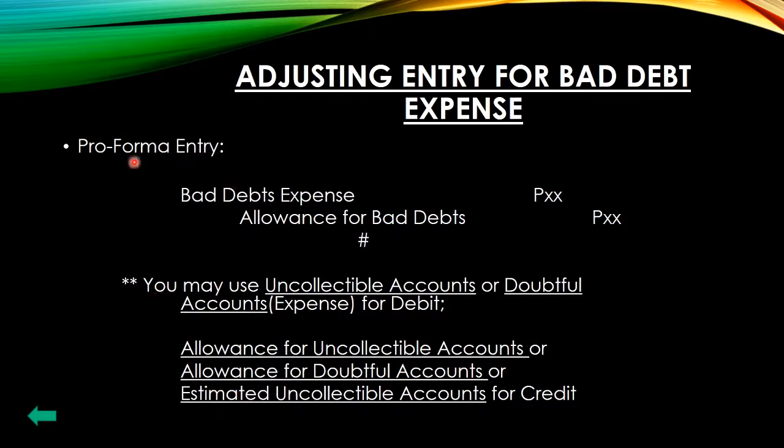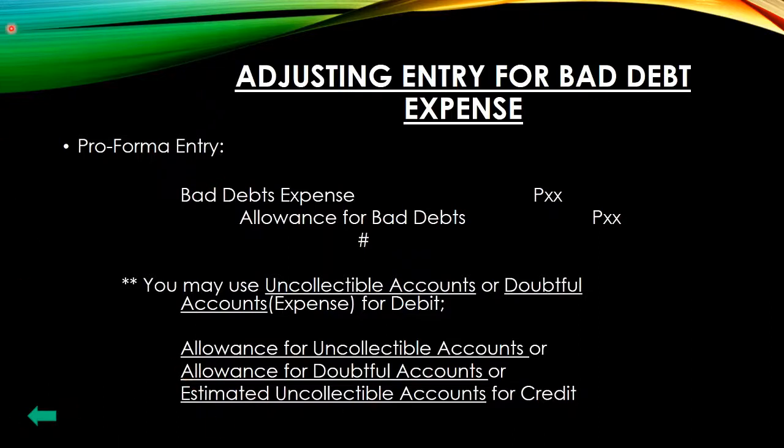So for example, if you will use bad debts expense, you will use a credit allowance for bad debts. If you will use uncollectible accounts as your expense account, you will use allowance for uncollectible accounts. Okay, let's have a uniform pair here. If you will use doubtful accounts as your debit, then you use allowance for doubtful accounts.